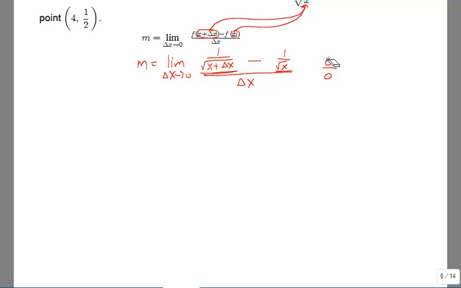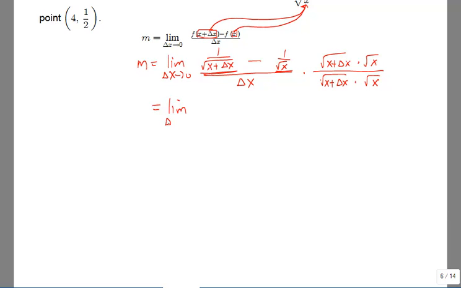So what I'm going to do is multiply on the top and on the bottom by these two denominators multiplied together, my common denominator: square root of x plus delta x times square root of x. And I'm doing that to the top and to the bottom so that I keep the fraction balanced and I'm not changing the original problem. I'm just going to write it in a different form.